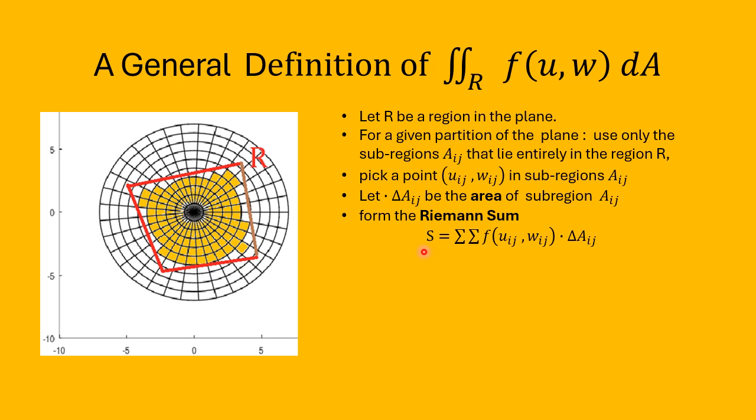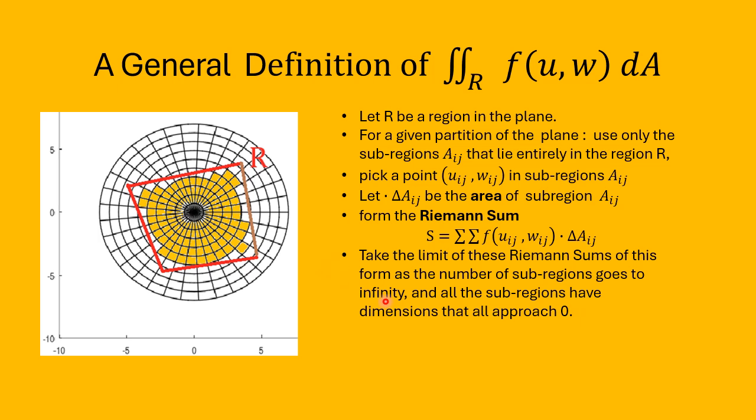We'll form this type of Riemann sum over all of these elements colored gold here that are entirely within R. It's going to be the sum over relevant values of i and j of f of u sub ij, w sub ij, times delta A sub ij. The value of the function at a point inside that subregion times the area of that subregion, summed over all of the subregions that are entirely within R.